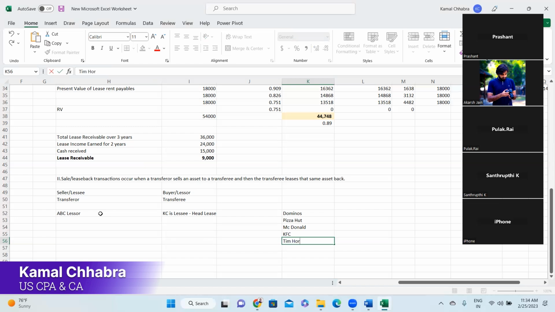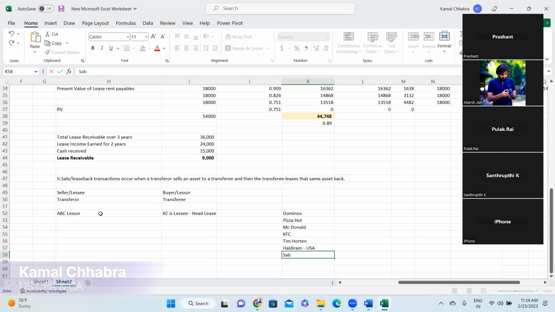Okay, Haldiram has opened in the US. Haldiram, okay, USA. What else? Whom do you want to keep in your food court? Sbarro. I have never eaten Sbarro till date, sir. It's a wonderful pizza they have. What else? Chipotle.